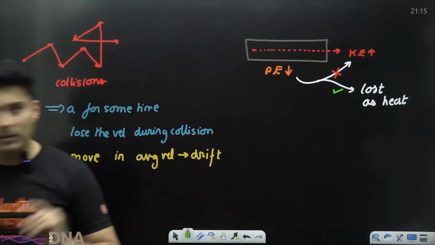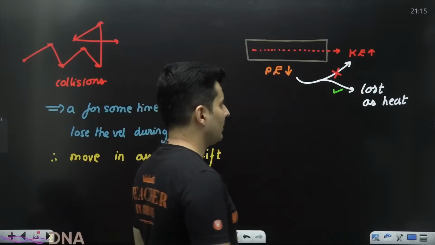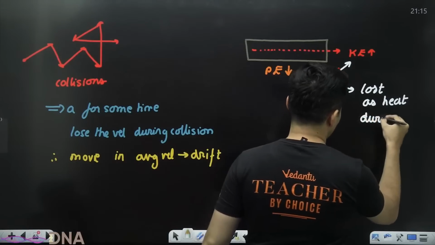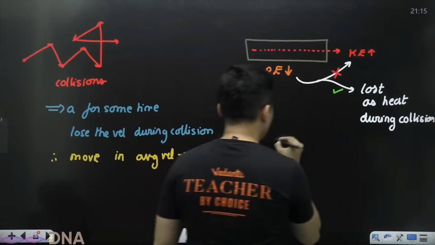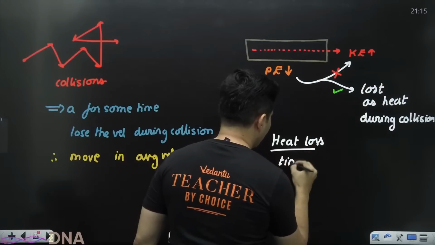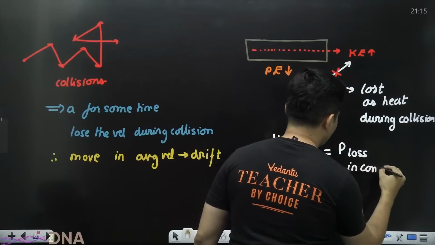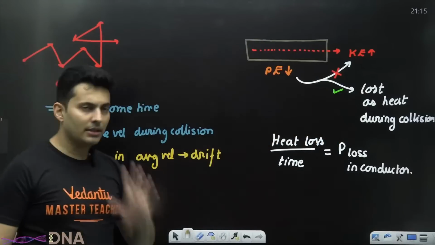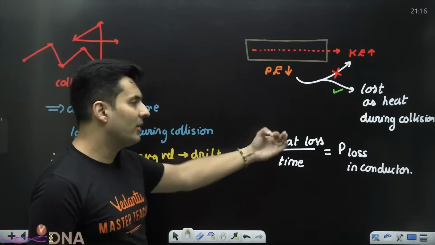Is that absolutely clear? So, in order to find how much energy is lost as heat during collisions, this heat loss per unit time is called the power loss in the conductor. I hope till this point everybody is clear why power loss happens in a conductor.